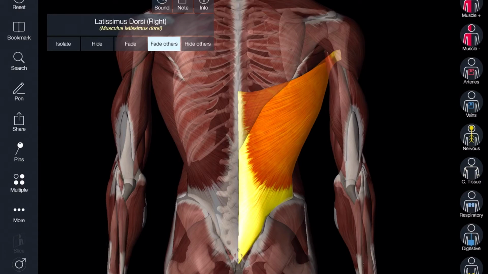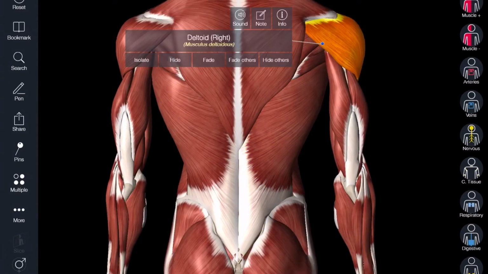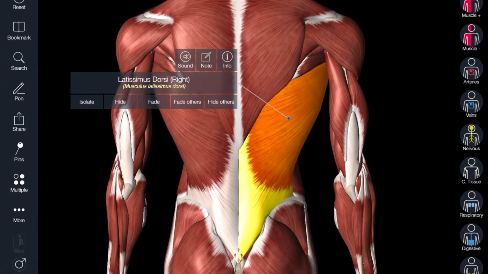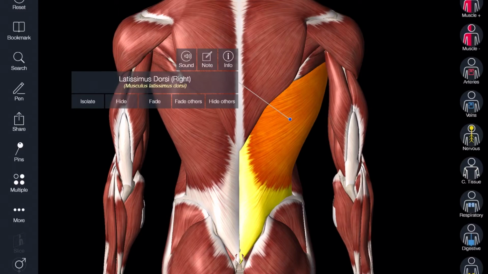So medial rotation. Adduction. Latissimus dorsi crosses the shoulder joint underneath, right, whereas deltoid crosses over the top of the shoulder joint. Deltoid did abduction, so it pulled the arm out away from the torso. What do you think Latissimus dorsi is going to do?